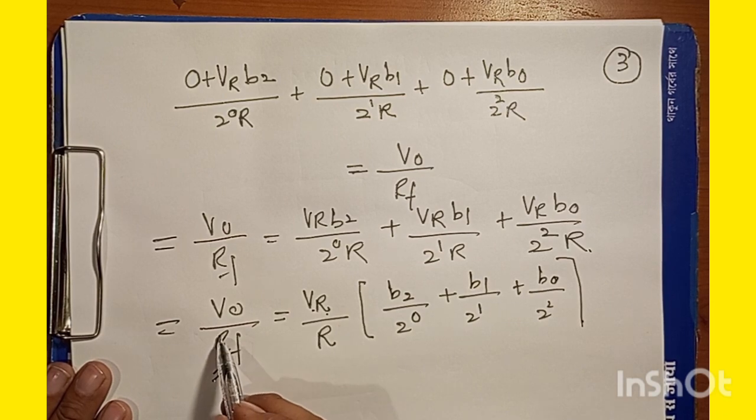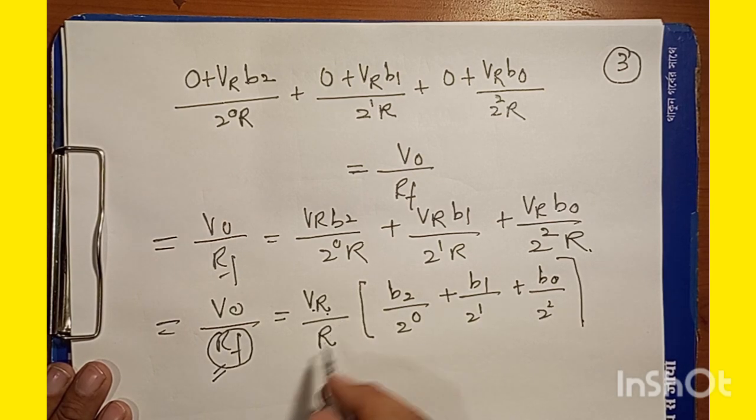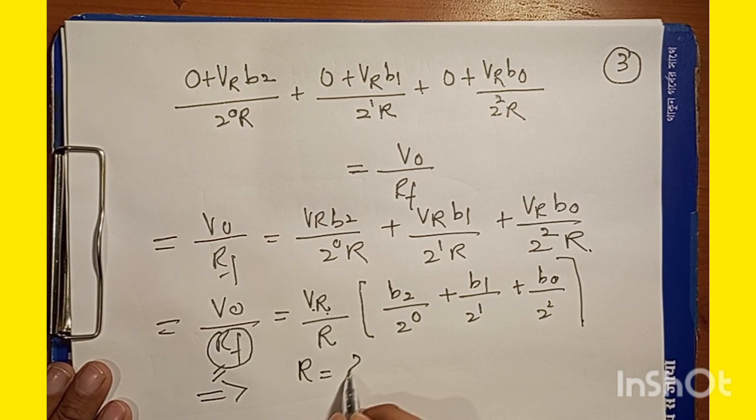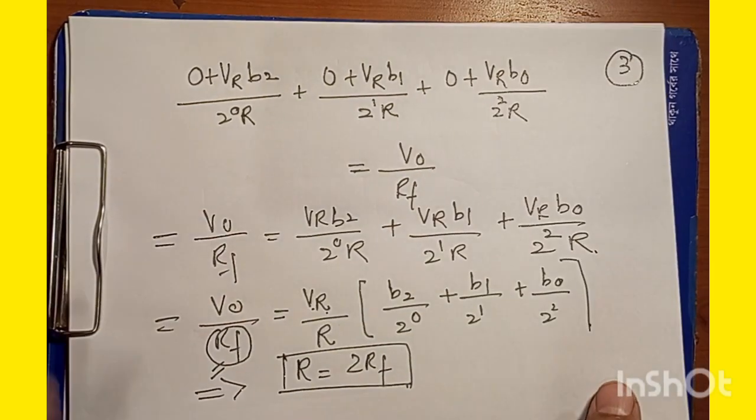Immediately we can take this RF to the other side, and we go with the approximation that R is equal to 2 times RF.